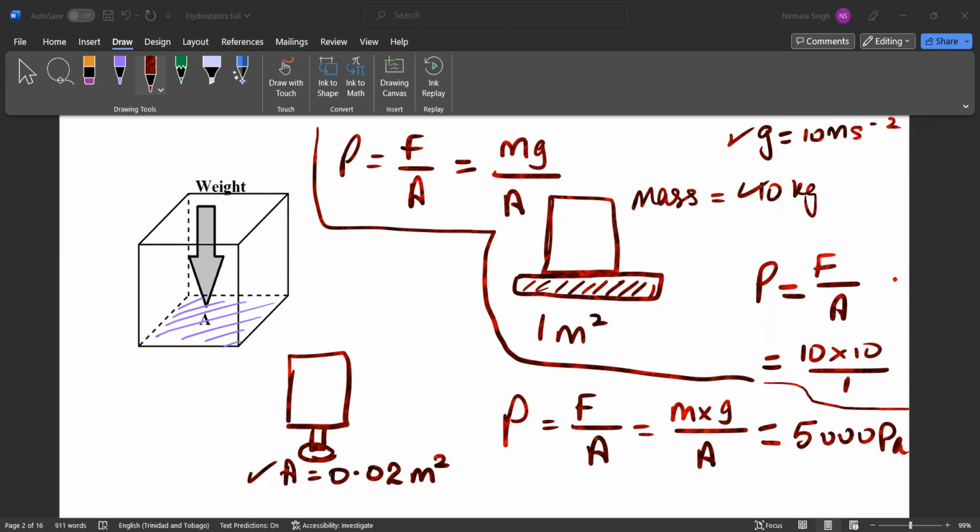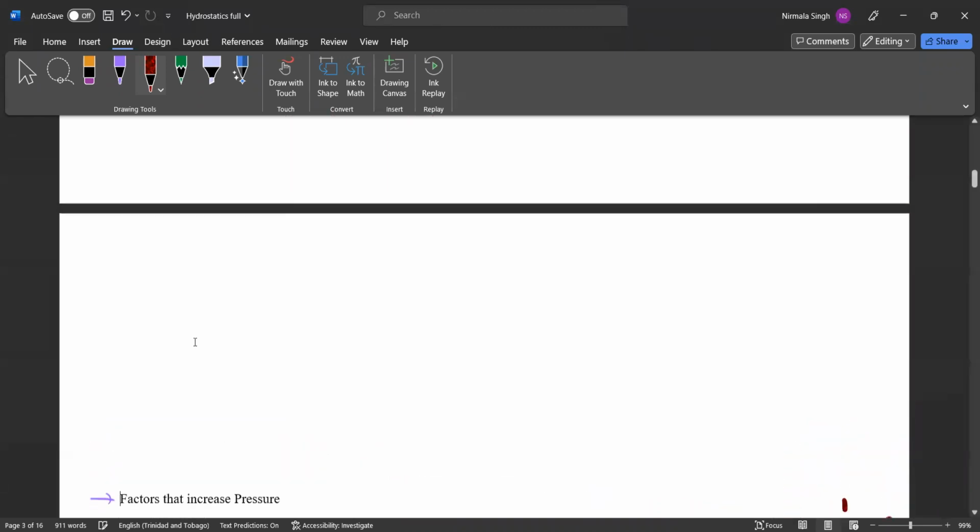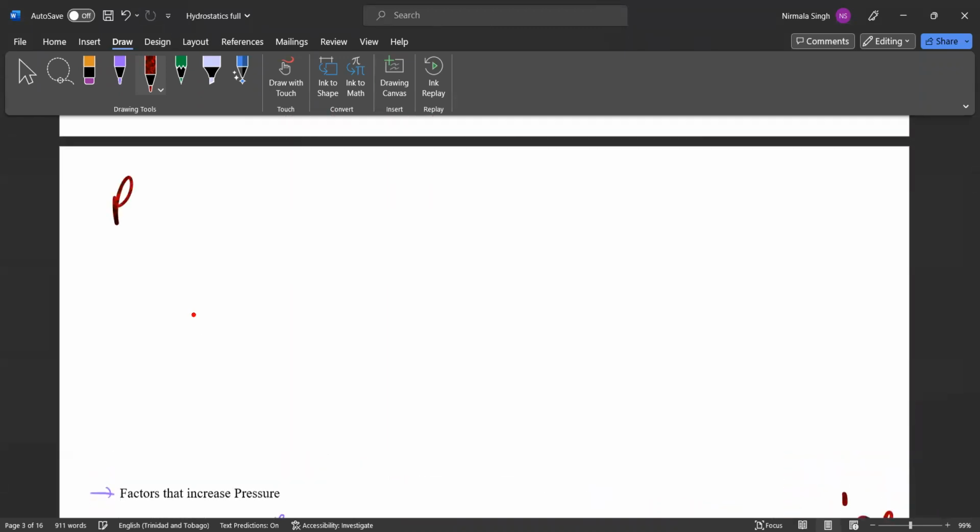So this is what we mean by an inverse relationship, all right? Let's get a clear board again. Pressure is equal to force over area. There are two ways you can increase the pressure on something. One, you can increase the force. That's obvious.